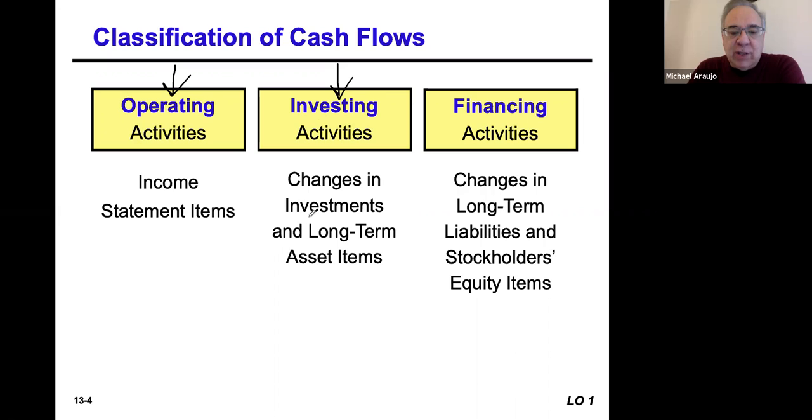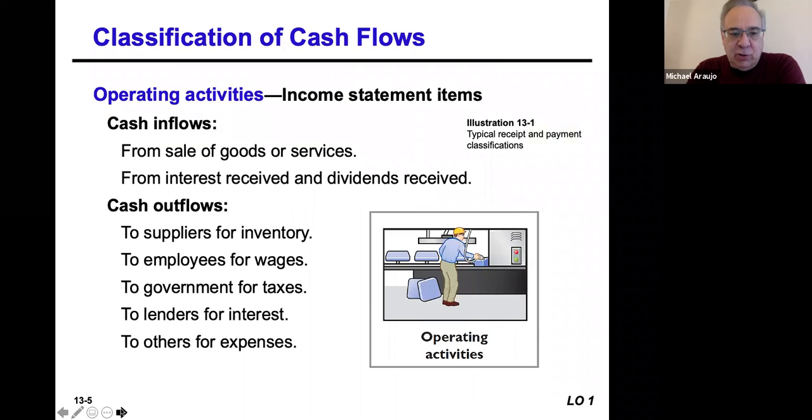So any changes in the investments or long-term assets are part of investing activities. And of course, companies have financing activities. Financing is that side of the balance sheet that includes liabilities and stockholders' equity. So any changes in those areas tend to be financing activities. So let's take a little bit of a deep dive into each.